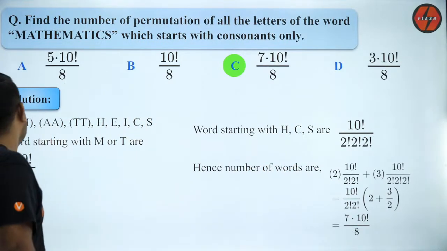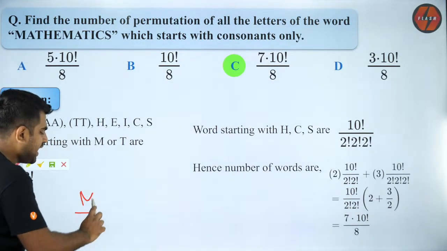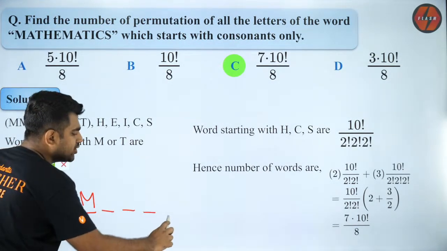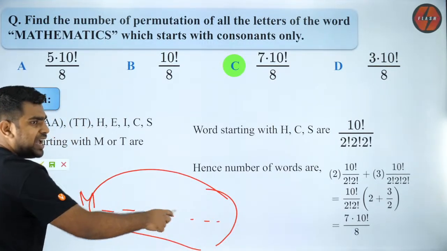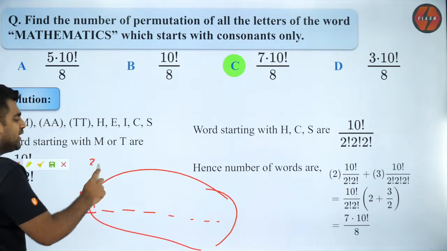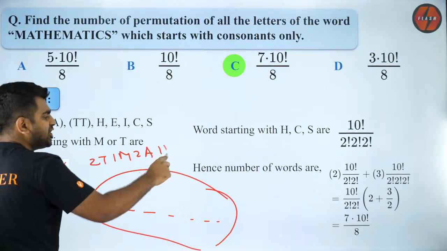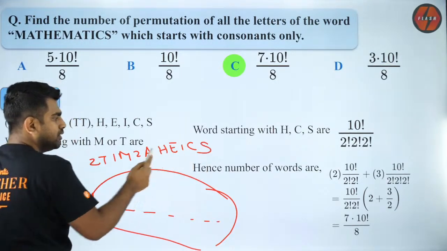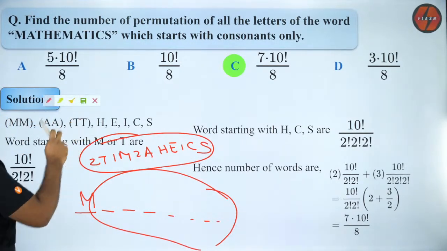So if I consider words starting with M, we have 10 places to fill now. In these 10 places I have 2 T's, 1 M, 2 A's, H, E, I, C, S. So this is nothing but what they have given here.